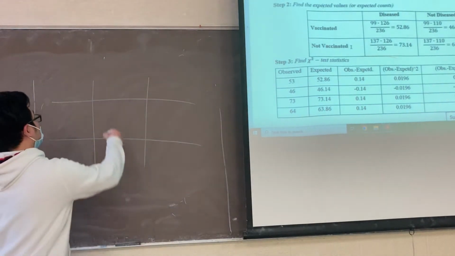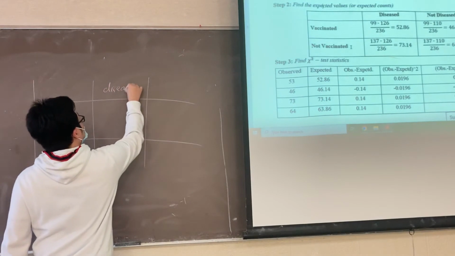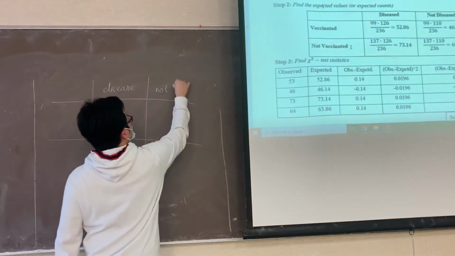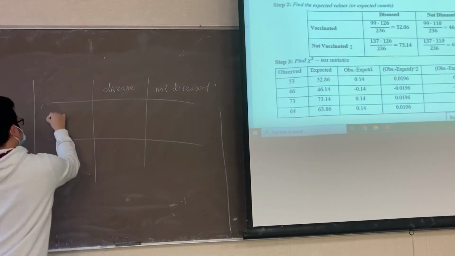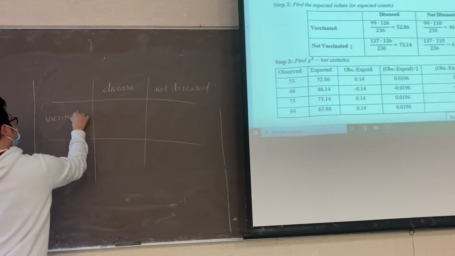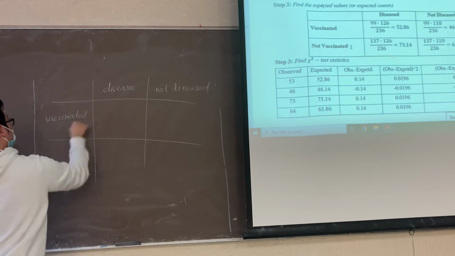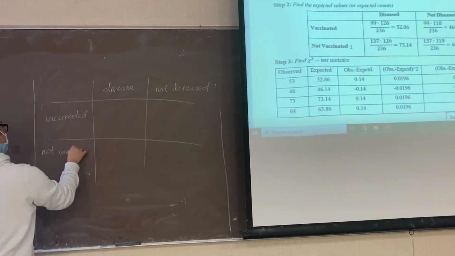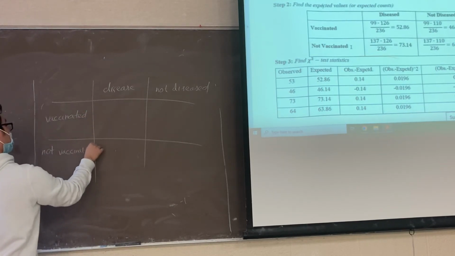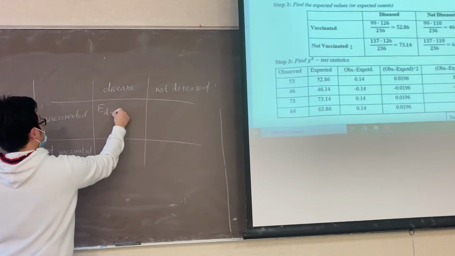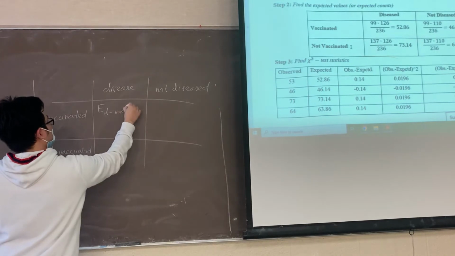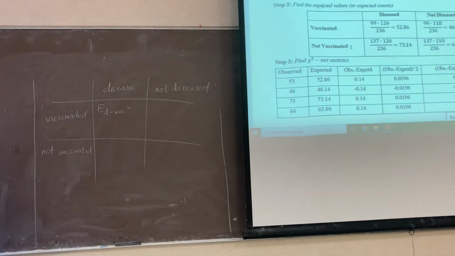We have disease here, and not disease. And we have vaccinated and not vaccinated. So this one is the expected count for disease and vaccinated. I write it down like this.